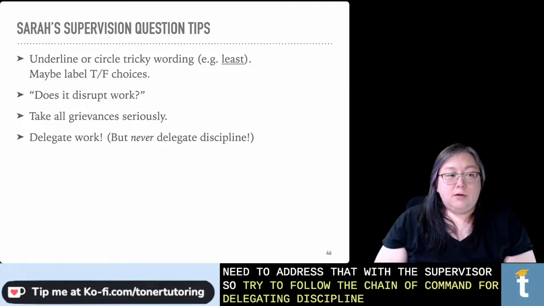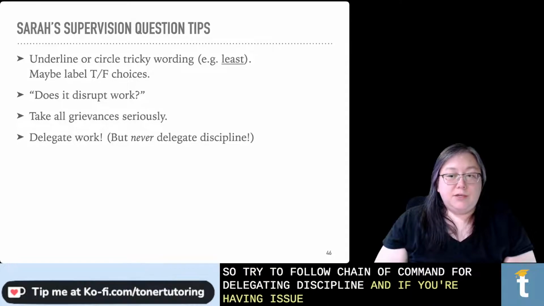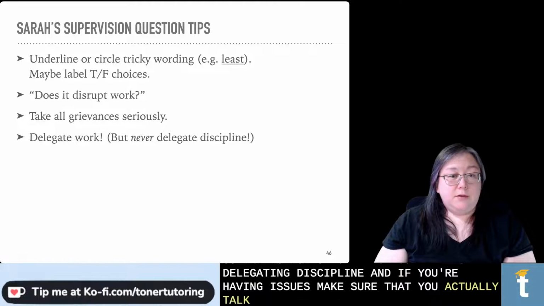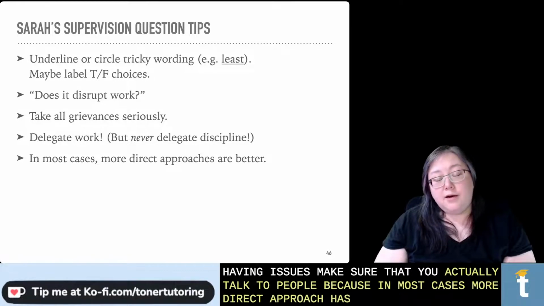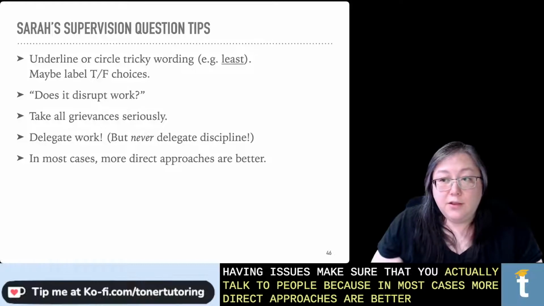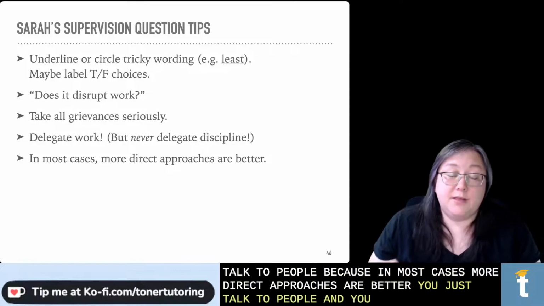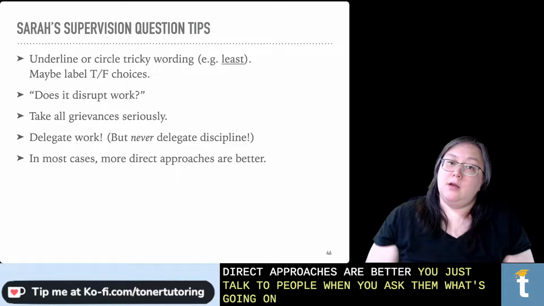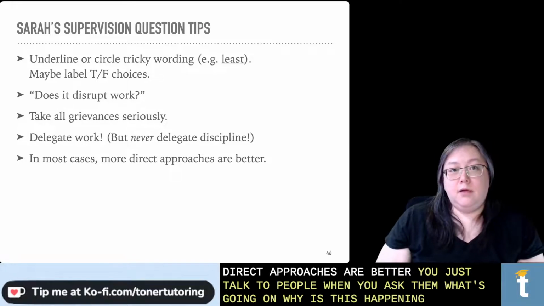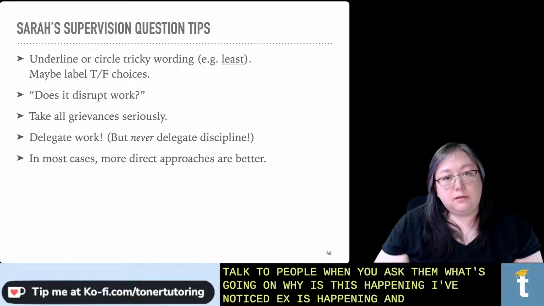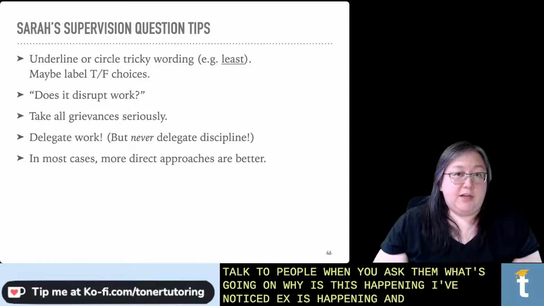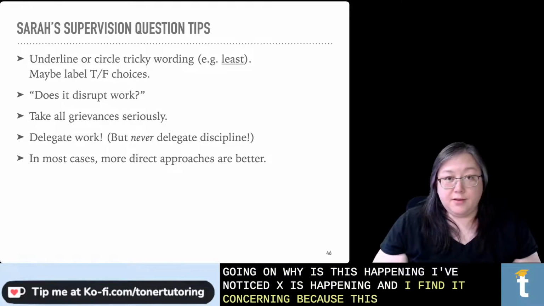And if you're having issues, make sure that you actually talk to people. Because in most cases, more direct approaches are better. You just talk to people and you ask them, what's going on? Why is this happening? I've noticed X is happening and I find it concerning because this, that, and the other.